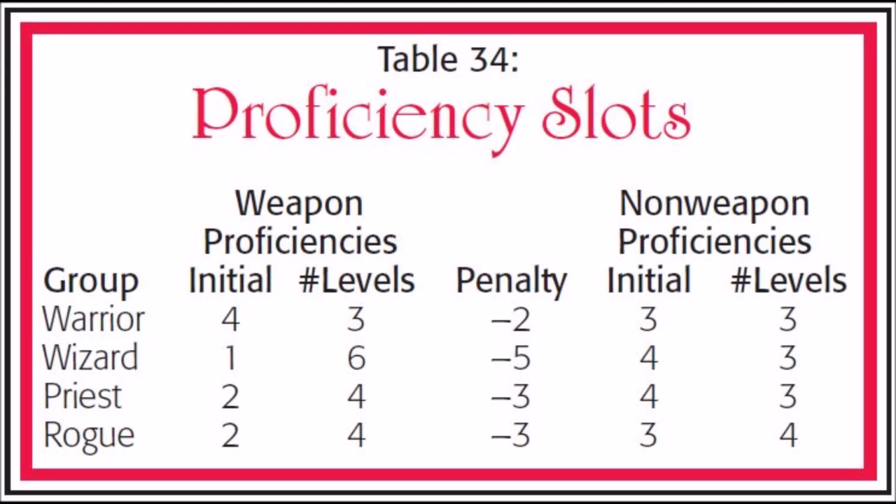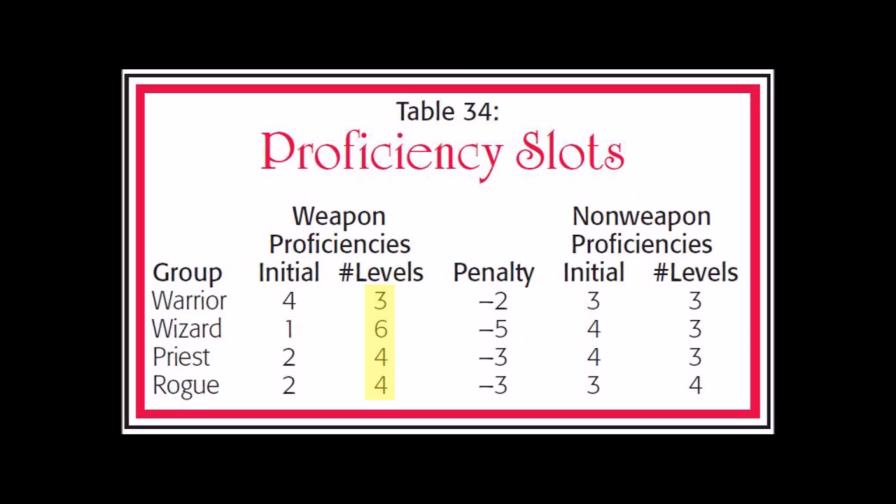Here you can see Table 34 from the 2nd edition Player's Handbook Revised. It shows the weapon and non-weapon proficiency slots each class group receives upon creation, and how often they gain another slot to spend. It also gives the penalty each class suffers for using a weapon they are not proficient in.